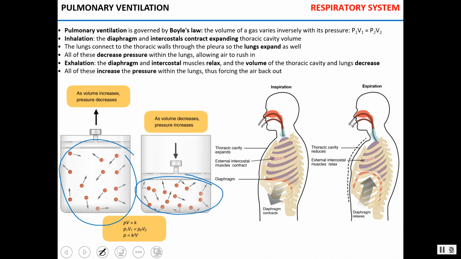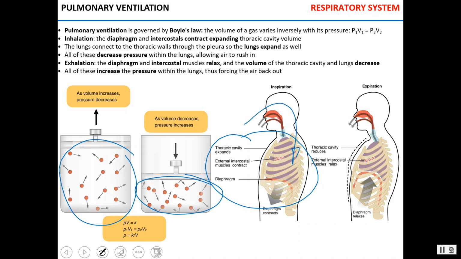So basically, during inhalation or inspiration, diaphragm and intercostal muscles contract. That contraction increases the size of the thoracic cavity, which increases the volume of lungs. Increased volume of lungs means that the pressure within the lungs decreases and air rushes in.